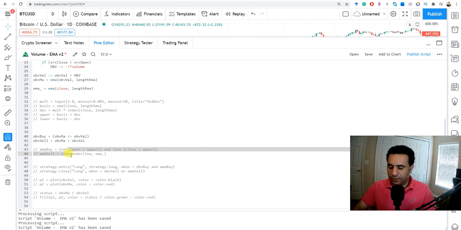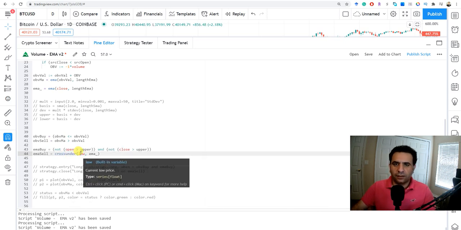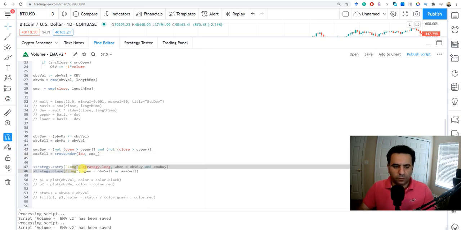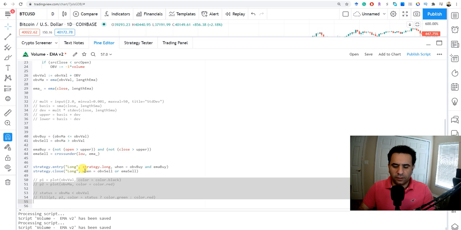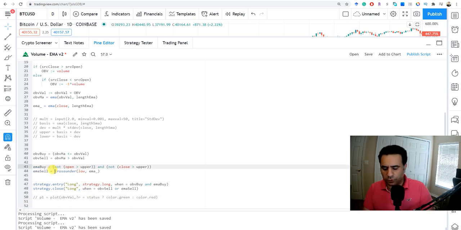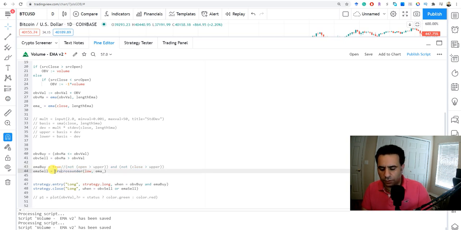EMA buy and EMA sell. Sometimes I can show you how it works. Give me a second. Uncomment this part and this part. I'll tell you why we need this one. For now, let me just put true here and true here, so they're always correct.